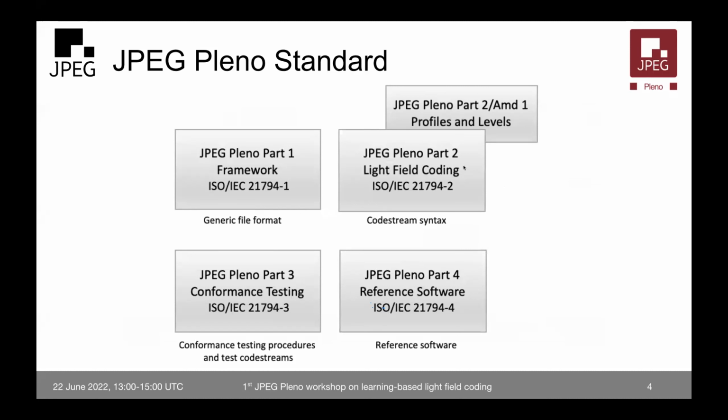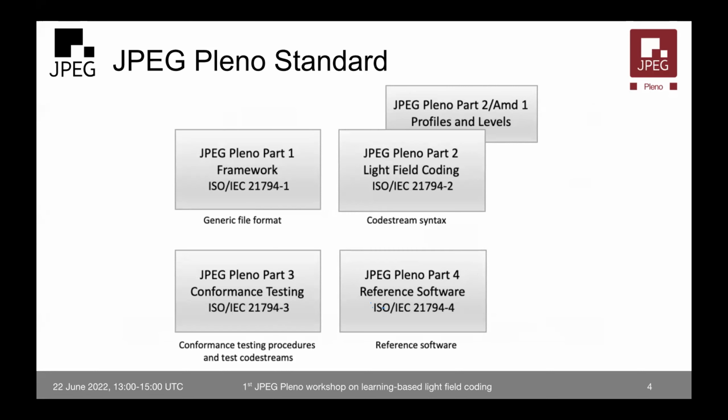We have JPEG Pleno Part 2, light field coding. We have 2 coding modes. The 4D prediction mode exploits the inter-view redundancy of the light field through depth-based warping.